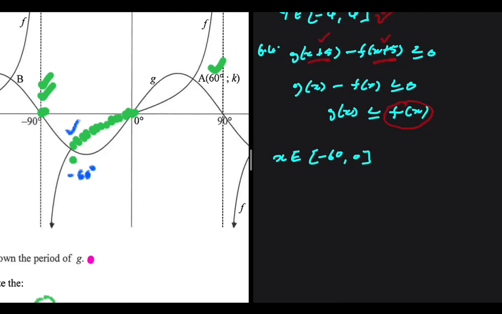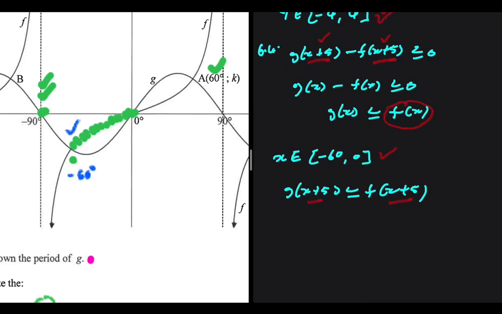This is for g of x being greater than or equal to f of x. But instead, what we have is g of x plus 5 being less than or equal to f of x plus 5. So what does this x plus 5 do to a function?